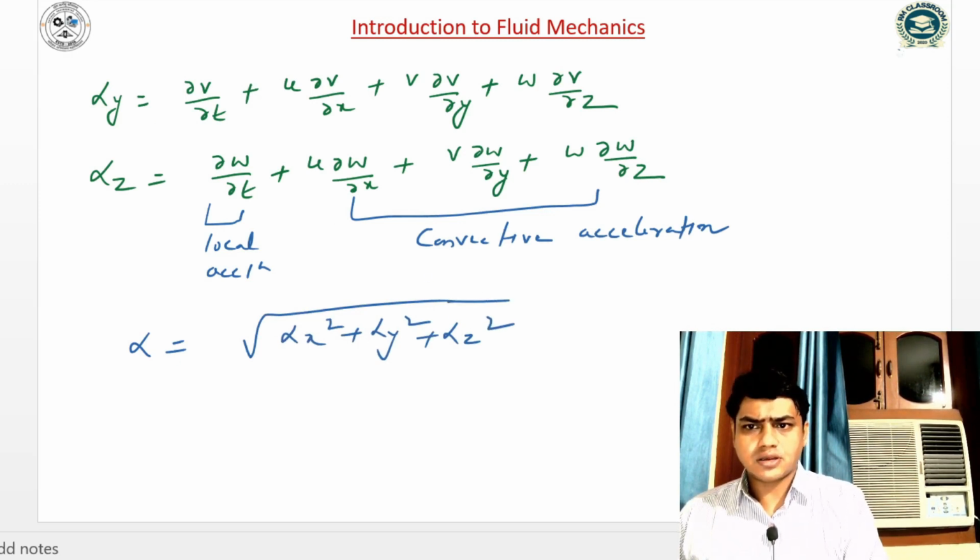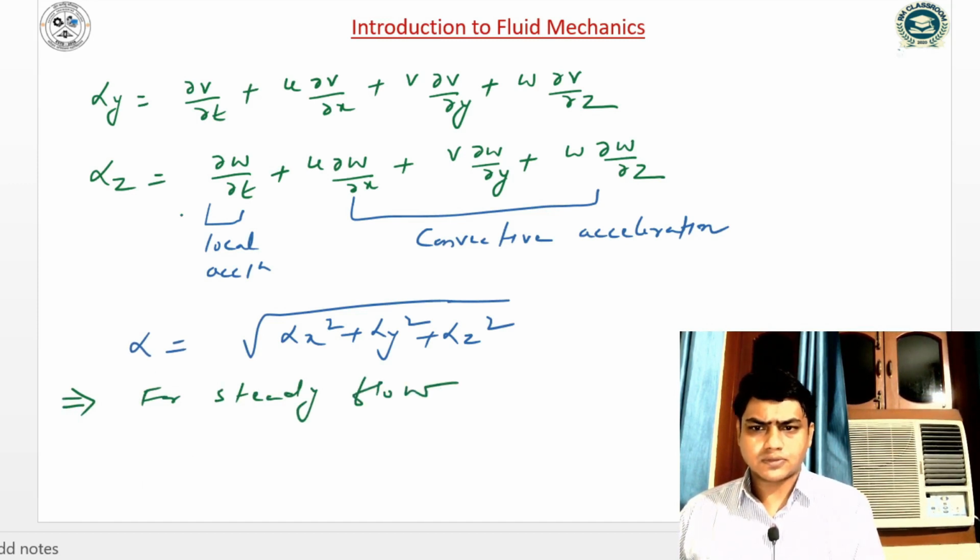Here, for three conditions, I will write: for steady flow, the local acceleration will be 0.